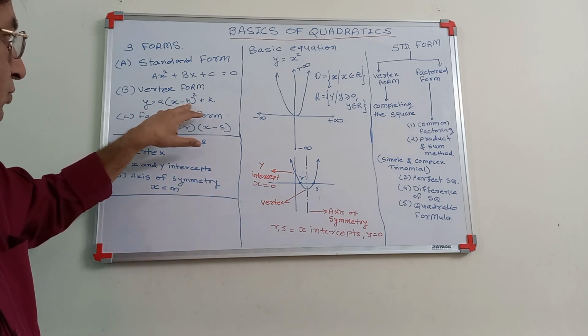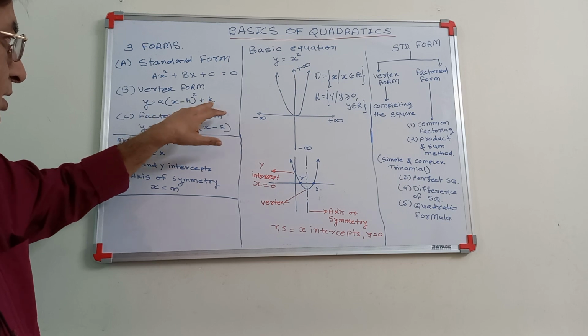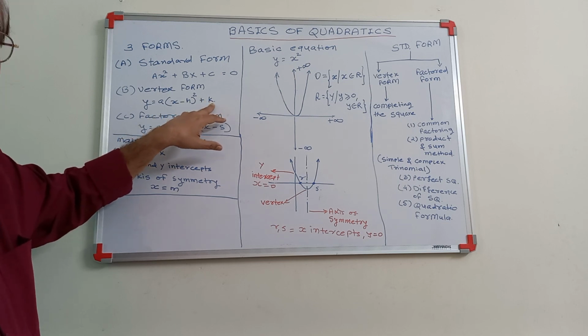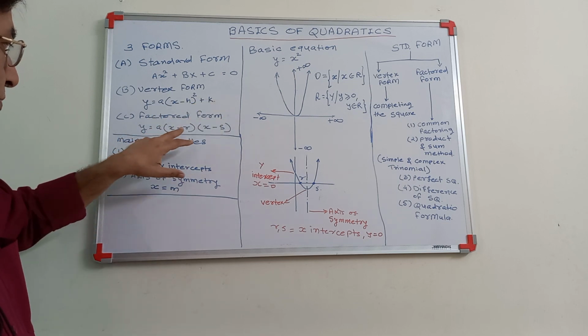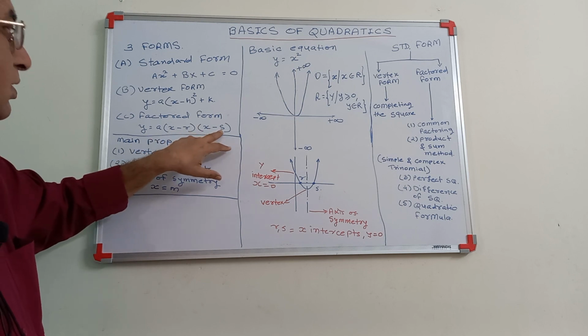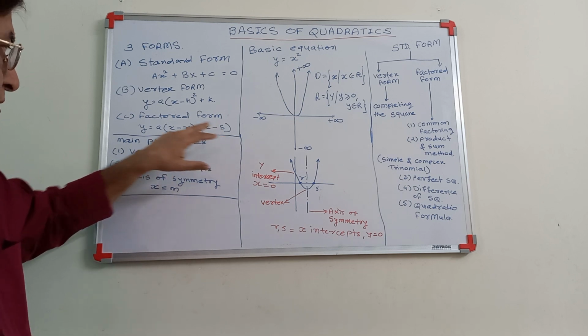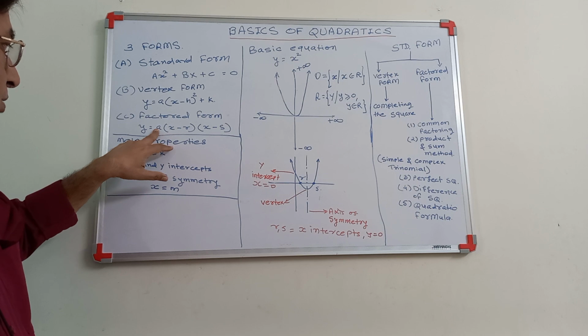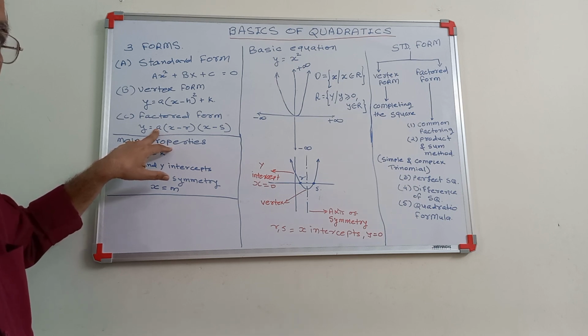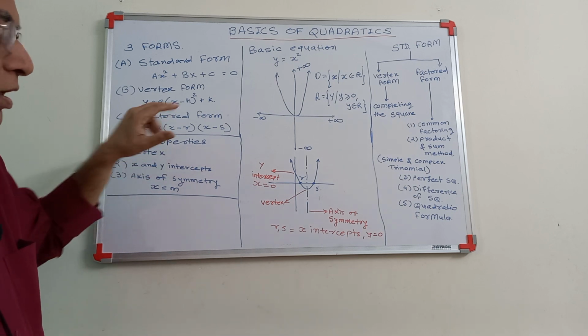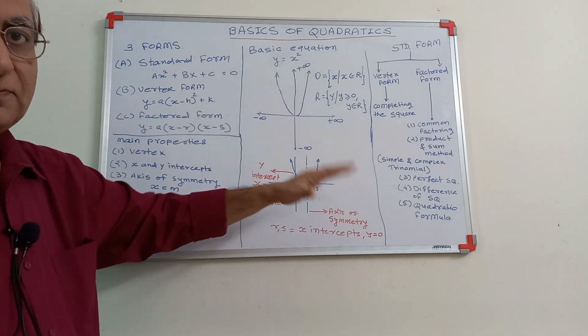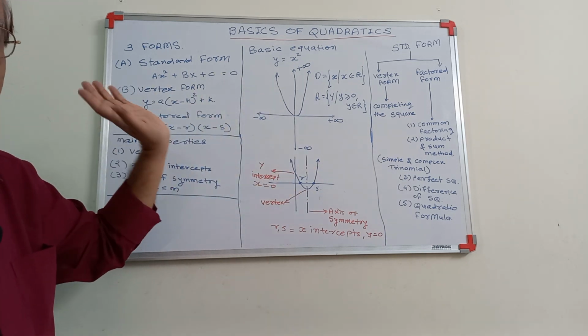If h is negative, if h is positive, what happens? If k is positive or k is negative, then what happens? Similarly, r and s, if they are positive or negative, what happens? And if the value of a is greater than 1, less than 1, or negative, how is the graph changing? We will see that in the next video.